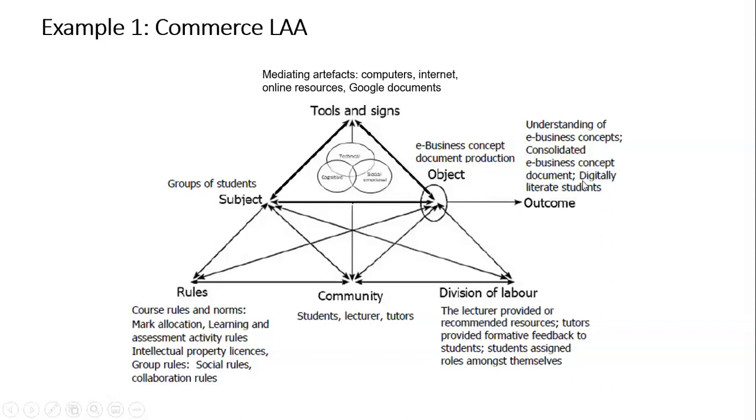By the time the lecturer was developing the activity, these were the learning outcomes that had to be in place. So the students have to understand the e-business concepts, and rather than just teaching them, I will give some basic information, and then students have to build on that in a collaborative task.